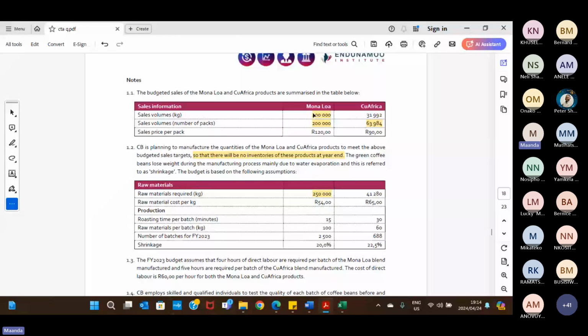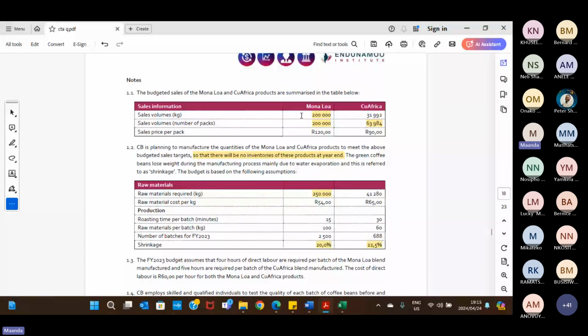Even if this was not there, because you don't have any closing inventory, you could have seen that what I'm putting in and what I'm getting out will be different, meaning I'm going to lose 50 as a result of evaporation. So they didn't need to give you this 20%. But if you multiply the 20% loss, you'll see it's 50,000 and then you get this.